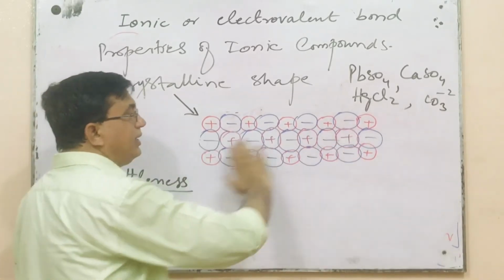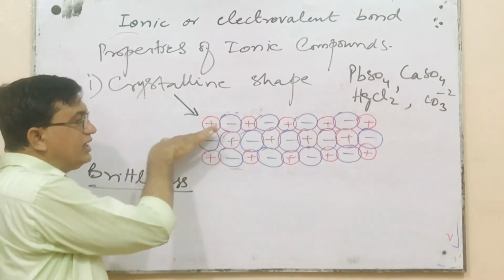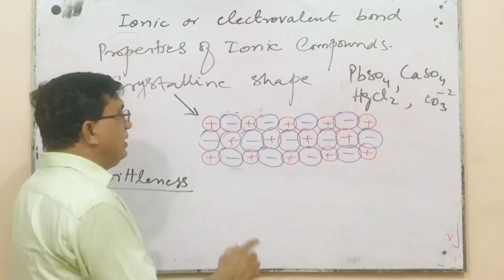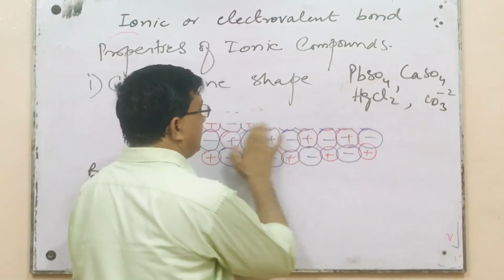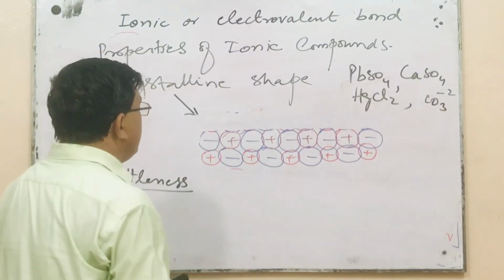Because all cations and anions are arranged in a layered structure, on applying force the layers will slip over one another. And due to the slipping, the first layer will become just like this.